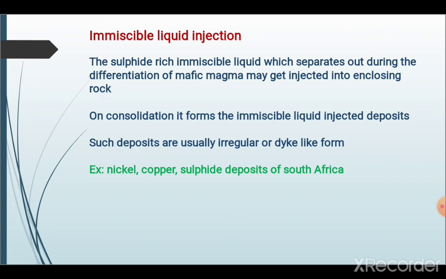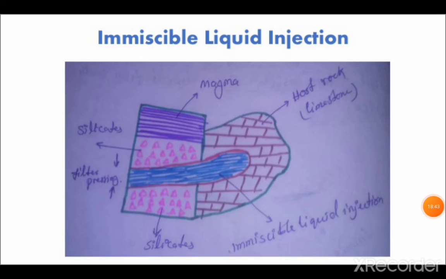Such deposits are usually irregular or dike-like forms. Examples of these immiscible liquid injection deposits are nickel, copper, and sulfide deposits of South Africa. In this picture, we can observe the immiscible liquid injections.